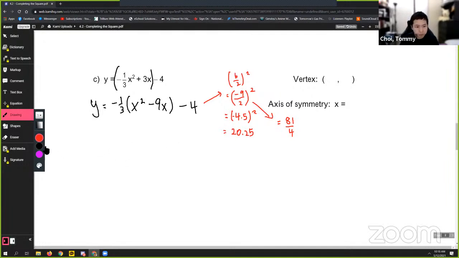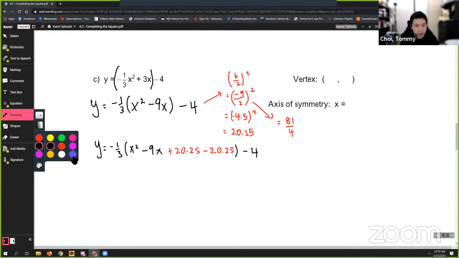So here, what happens is, once again, we write out everything. And inside the bracket is where we write our plus 20.25 minus 20.25 minus 4. So we are plugging, once again, the 20.25 into these spots as a plus and a minus. The step after that is to take the minus 20.25 and pull it outside.